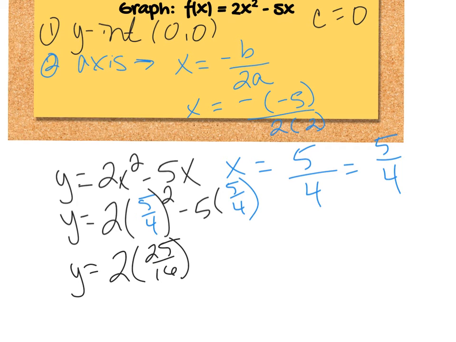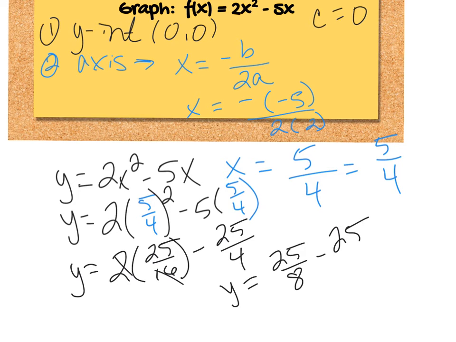25/16 minus 25/4. Okay, well, that can be simplified. So y equals 25/8 minus 25/4. I need common denominators. And like I said, if you guys use decimals, it's fine.